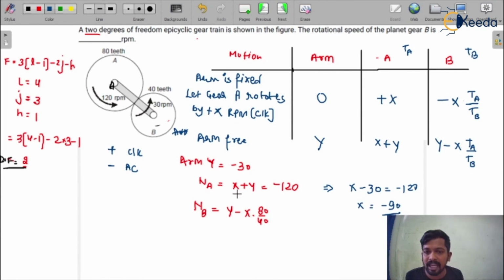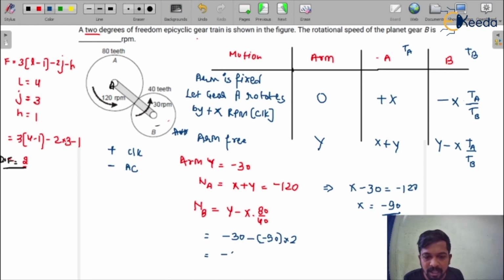This is not the speed of the A. Speed of the A is this, x plus y is the speed of the A. So this is just the value of x, that is minus 90, means 90 rpm in anti-clockwise direction. Okay, so we have to put the value with the sign, that is minus 30 and minus 90 multiply 2.